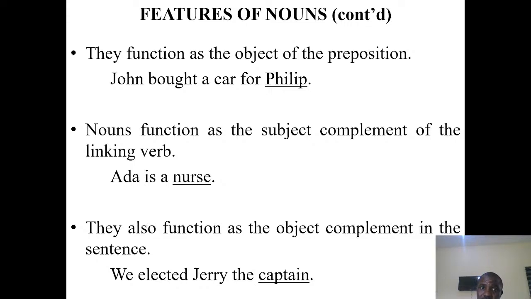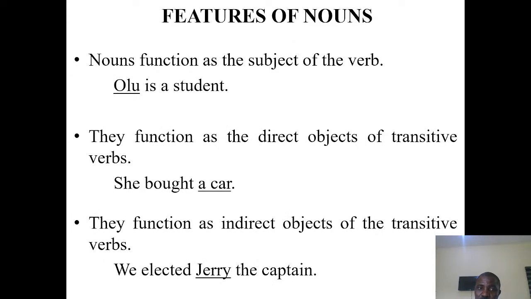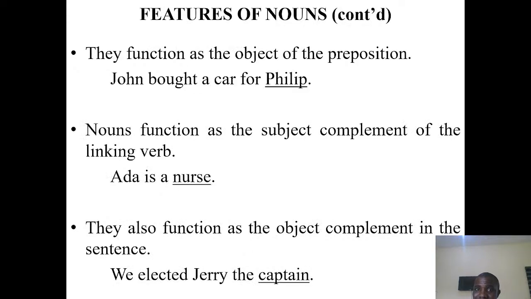In this sentence, John bought a car for Philip. It's different from we elected Jerry the captain. The captain here is the direct object. It functions as the direct object because there is no preposition placed before the captain. But in this case, we have two objects after the verb: the car and Philip.